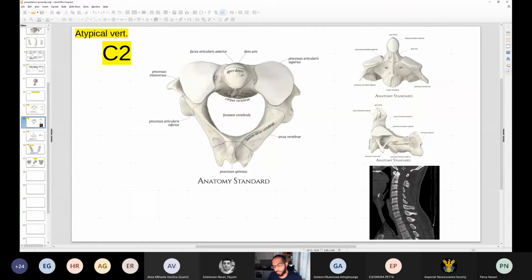If you crop this image and just show me this bit, I won't be able to tell which level this is, or you may be able to, but you just won't be confident. And that's why we routinely use the dens as a means of identification of the level when looking at sagittal view scans.